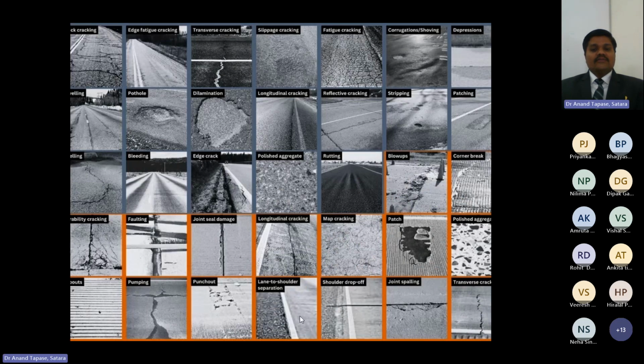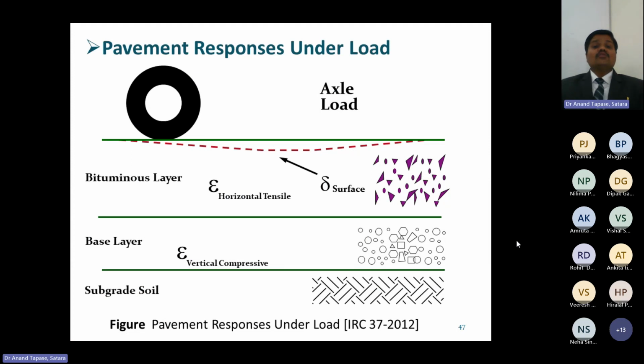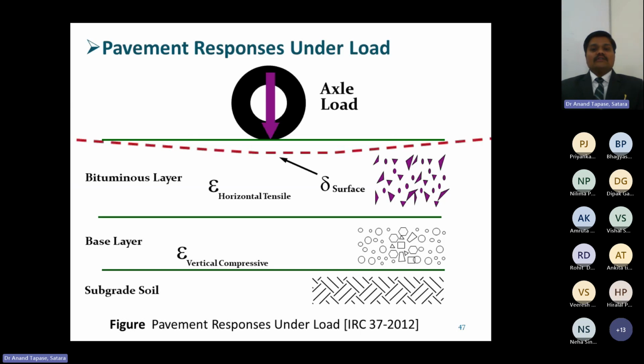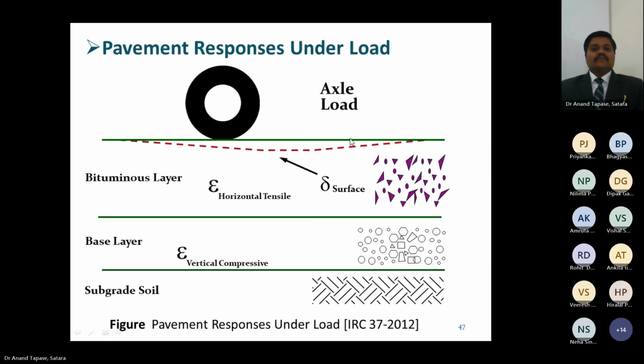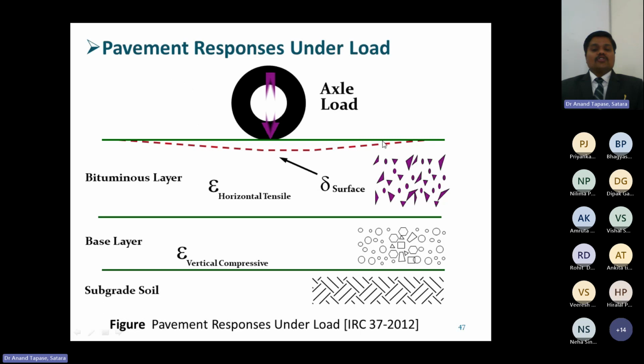So these are the failures we have seen in the earlier slide. Now, how do the pavements respond to the loading condition? When there is an axial load on the road, deflection at the top of the bituminous layer is observed.